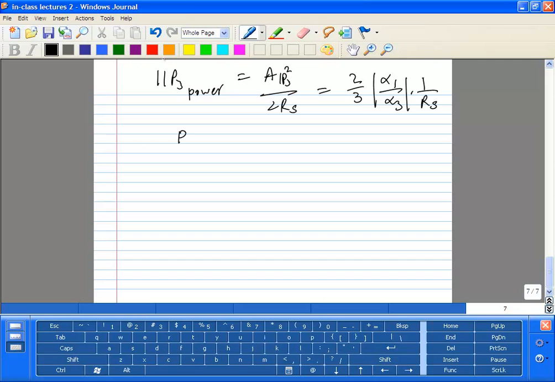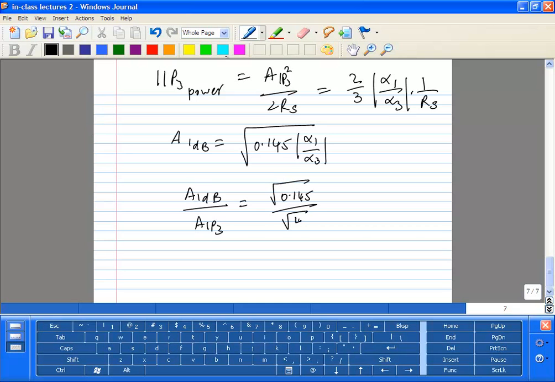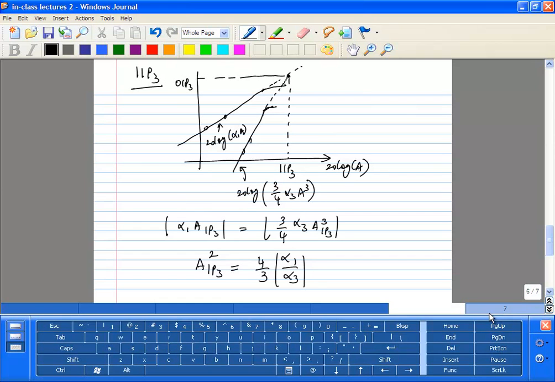Now the other relation we know is, what was P1 dB? Actually that was A1 dB, right? Is this right? 0.145 alpha 1 over alpha 3, right? Is it 4/3 or 3/4? 4/3.